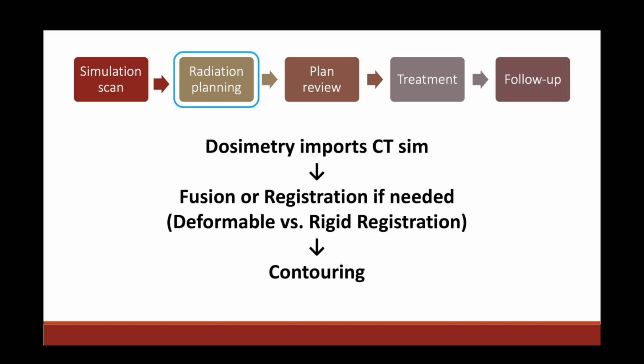Deformable registrations basically alter the relationship between different pixels, and they try to account for different changes in the shape or the size or the position. I think a good example of this is how they try to account for subtle rotation of the chin between a diagnostic image versus the CT simulation. So it's just good to be aware of different types of registrations that we can use.